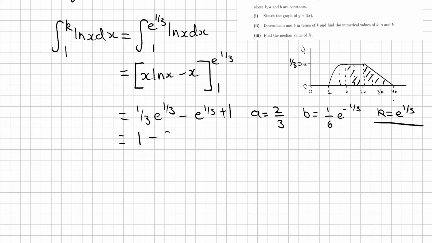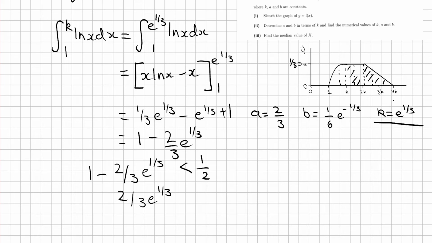So this expression here is either going to be bigger or smaller than 1/2, and that's going to determine whether we look in this region or the next region alone. So we can prove this by this inequality here, which simplifies to this.